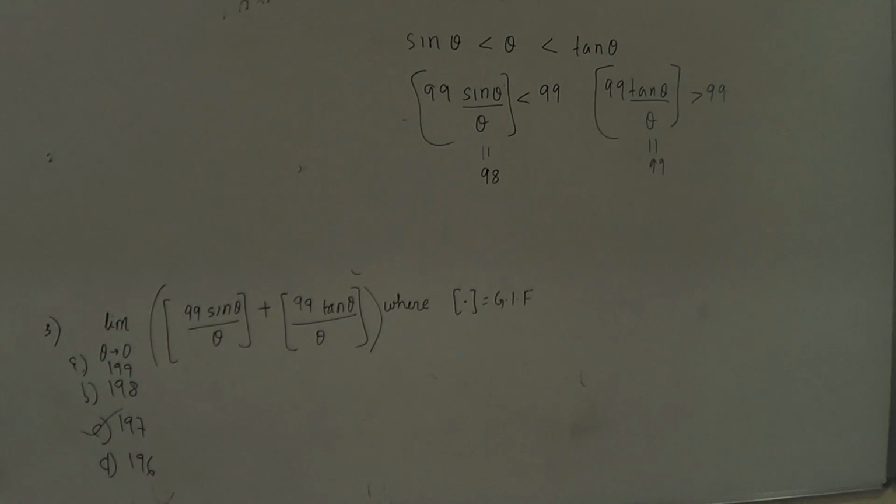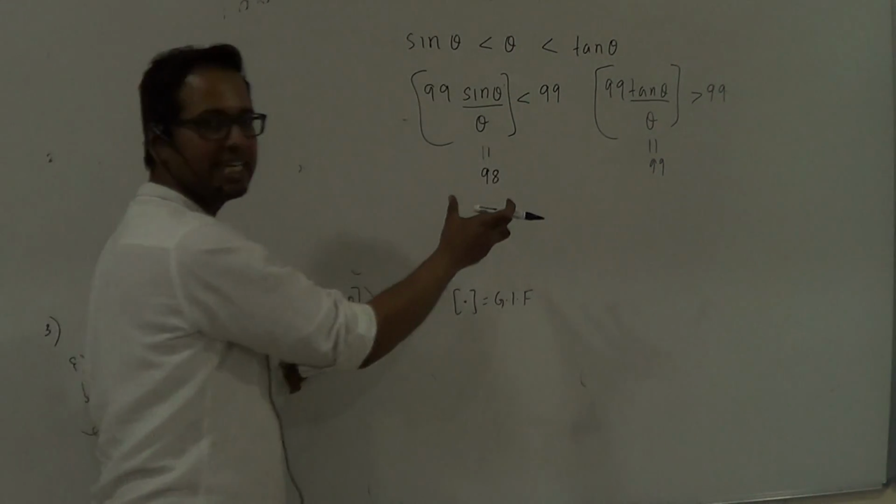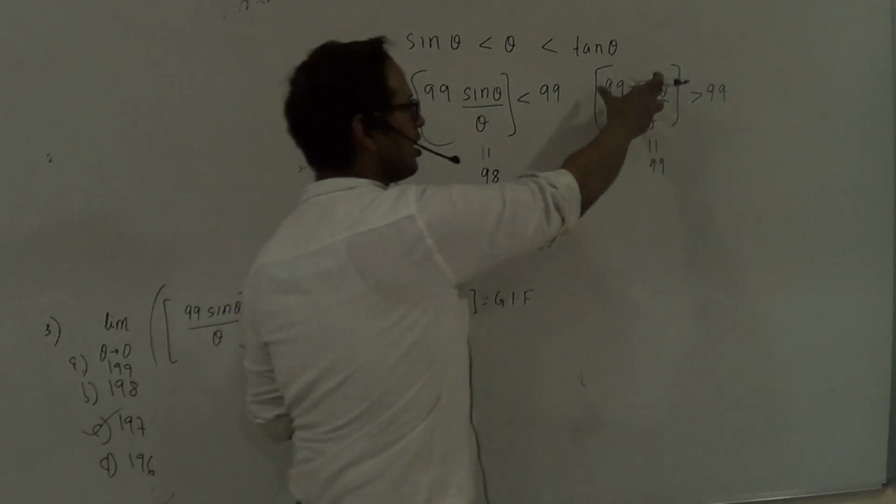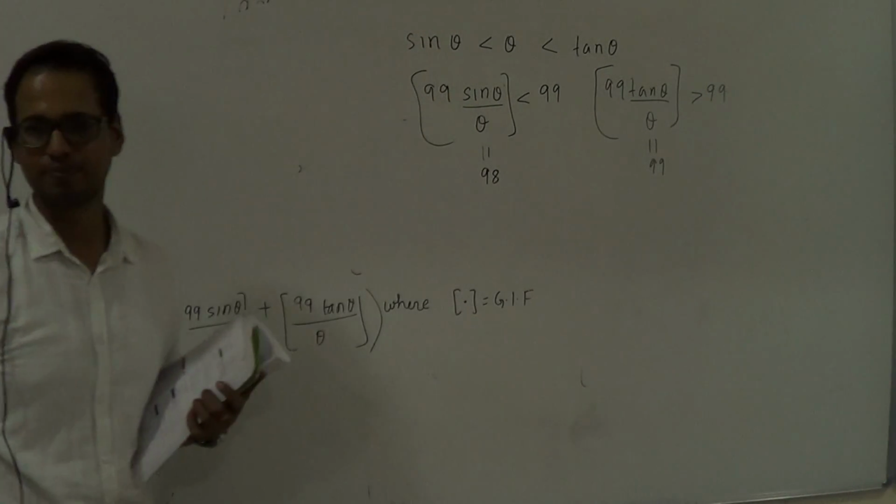Theta cannot become equal to 0 anyway in a limit problem. It tends to that value, but whatever it tends to, that condition will always be true. And when you say greatest integer, it will always take an integral value. So this value will all of a sudden drop to 98, and this will all of a sudden drop to 99.